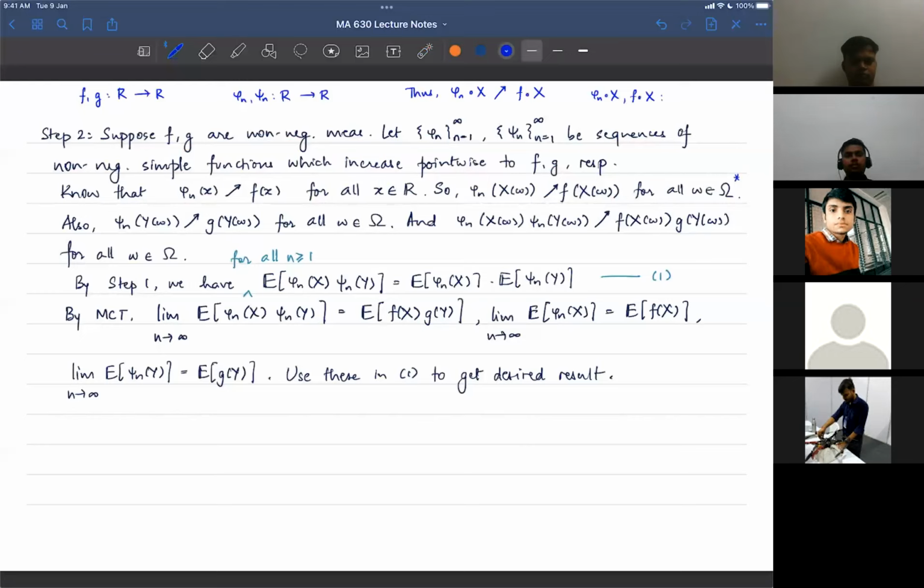Similarly, since psi_n increases to g at every point, psi_n(Y(omega)) increases to g(Y(omega)) for every omega in Omega.